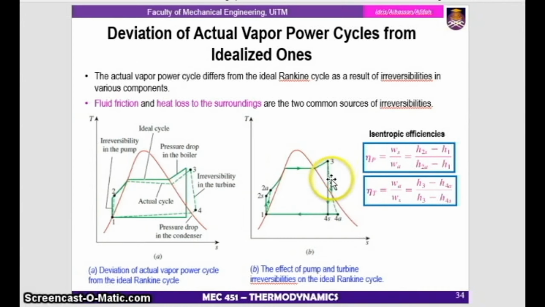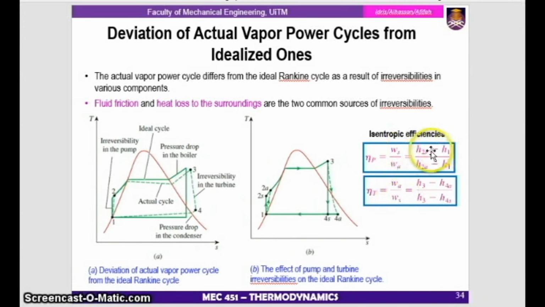To know the values of 2a and 4a, these are the equations that you have learned before, in the last chapter. That is the isentropic efficiency. The equation is like here. For the pump, it is work ideal over work actual. For the isentropic efficiency of the turbine, it is work actual over work ideal.